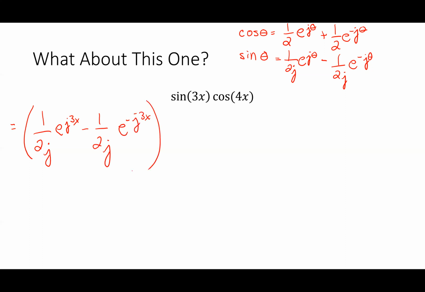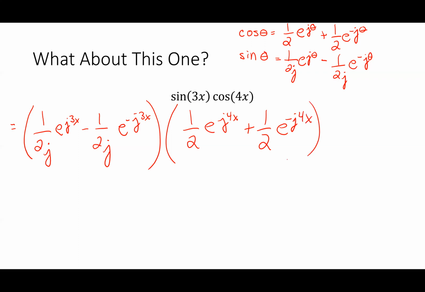All right, so I'm done with that. What do I do with the cosine? Same thing, so 1/2. It's less imaginary, right? So e to the j 4x. Yep. Plus 1/2 e to the negative j 4x.